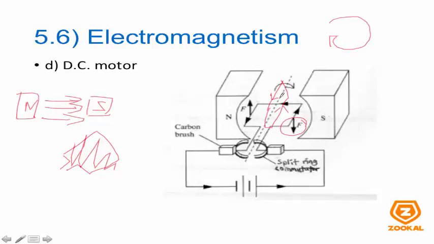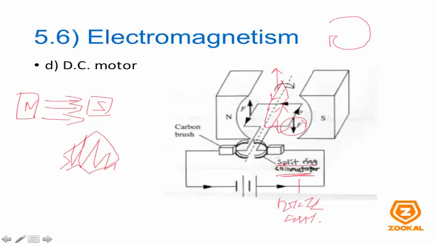And if you were to use Fleming's left-hand rule, your forces would remain upwards and downwards, and the coil cannot rotate anymore. So the whole purpose of using a split ring commutator is to ensure that the coil can rotate continuously.